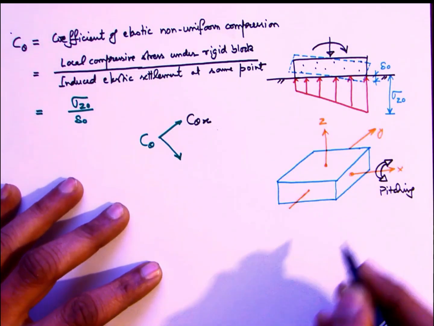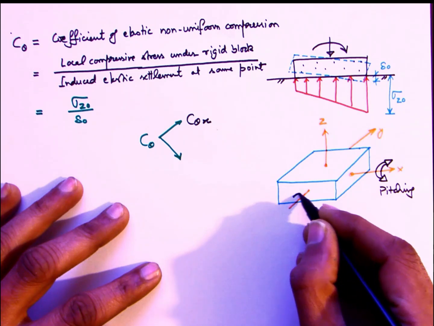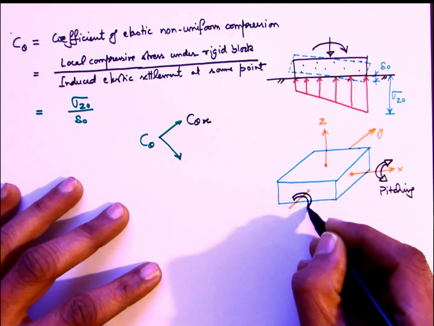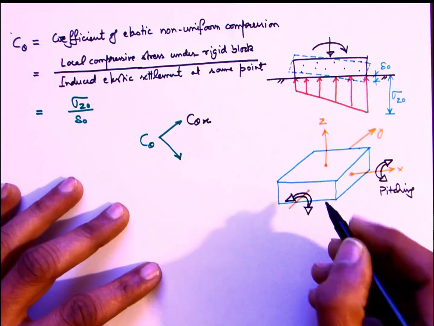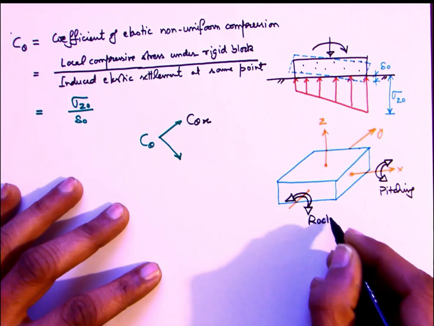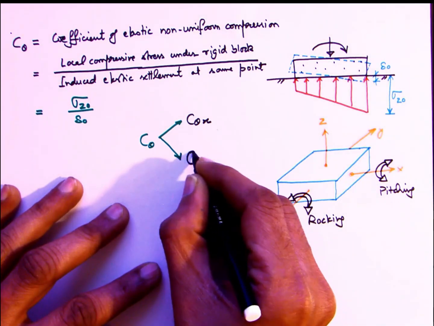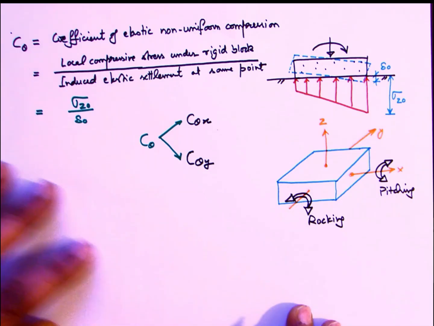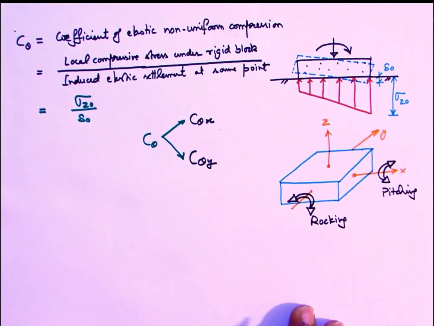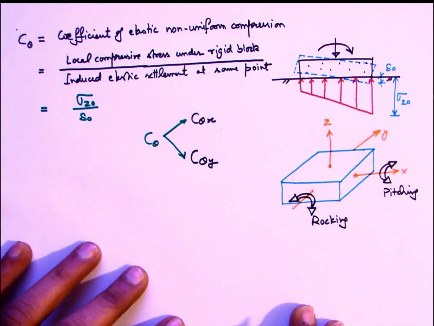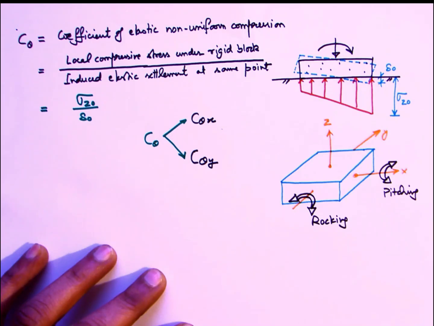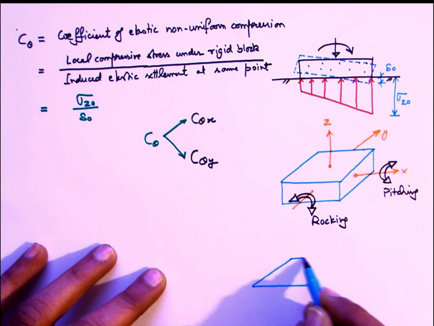On the other hand, if the vibrations are in terms of rotation about the y-axis, this is rocking, and for this case the particular C theta is referred to as C theta y. But essentially the nature of C theta y and C theta x are identical. The only difference is the plane along which the vibrations are happening, or the axis about which they are happening.